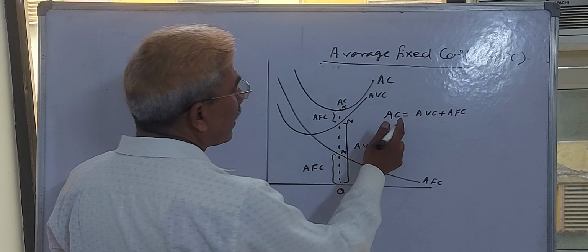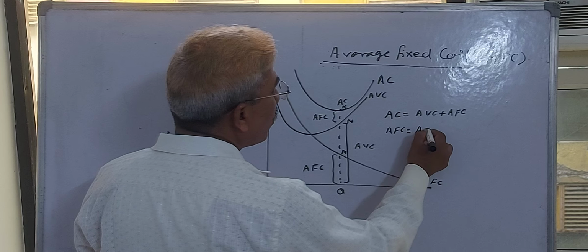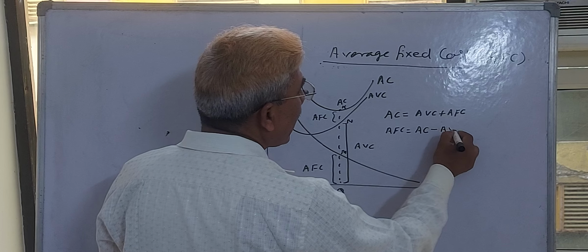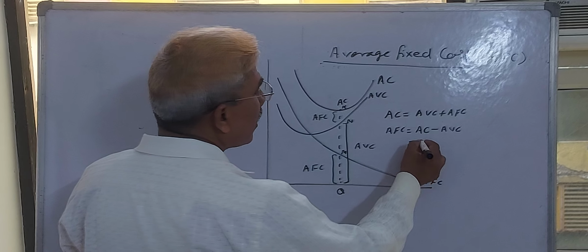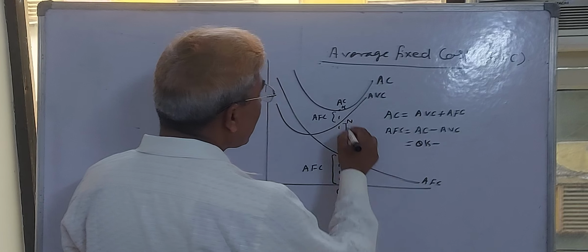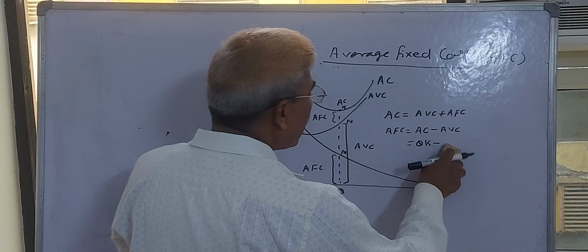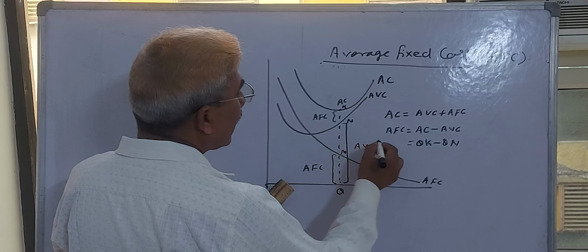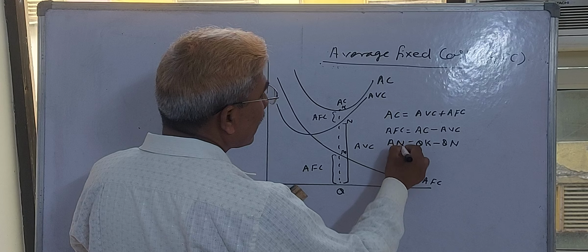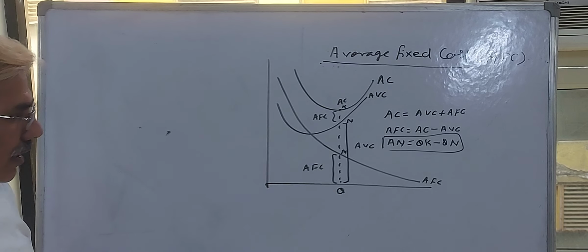What is KN? Average fixed cost is equal to average cost minus average variable cost. What is the average cost? That is QK minus variable cost QN, equal to NK. You can derive in this way the difference of cost by this curve.